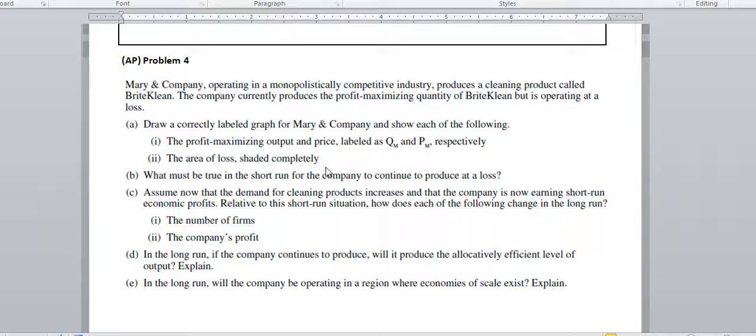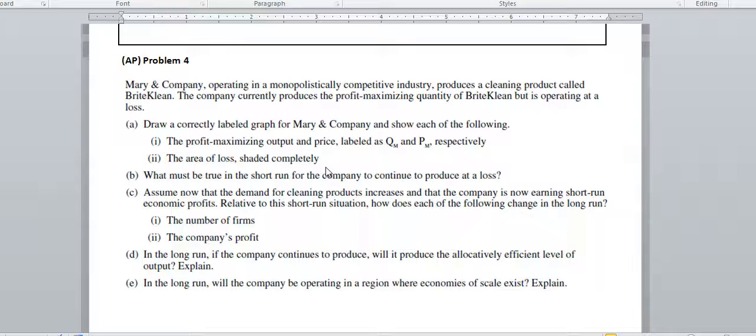And then we want to answer B, which is what must be true in the short run for the company to continue to produce at a loss. Now, if you think all the way back to when we were talking about perfect competition, you would remember that a company will continue to operate as long as the price is above the average variable cost.